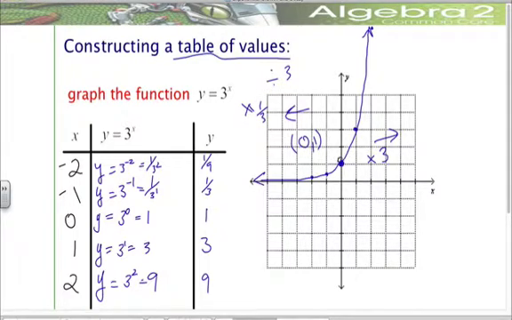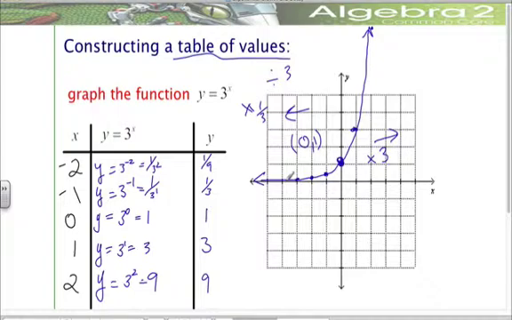So as I go to the right, 1 times 3 is 3, 3 times 3 is 9. As I go to the left, 1 divided by 3 is 1/3. 1/3 divided by 3 is 1/9. 1/9 divided by 3 is 1/27. Really small, very close to the x-axis.